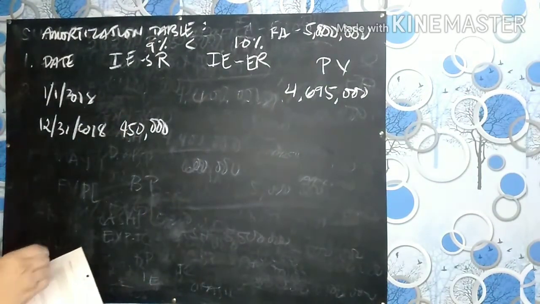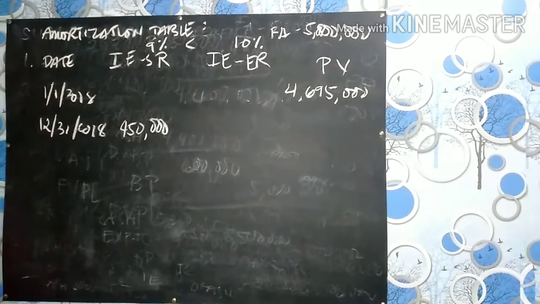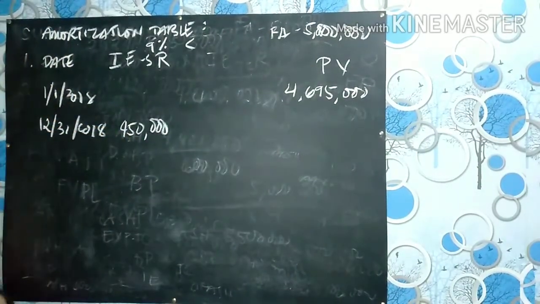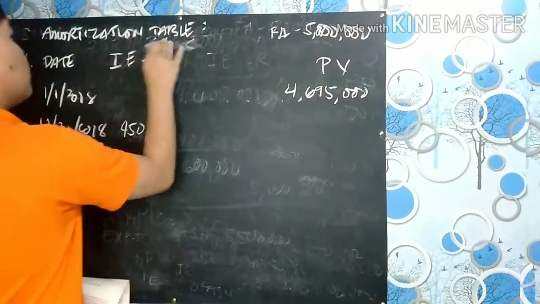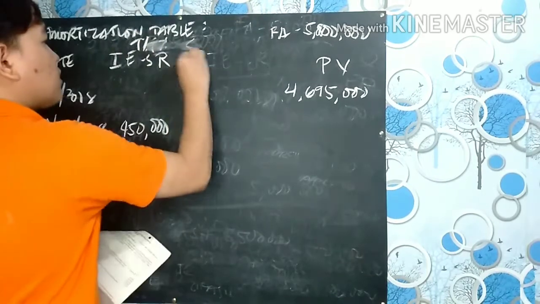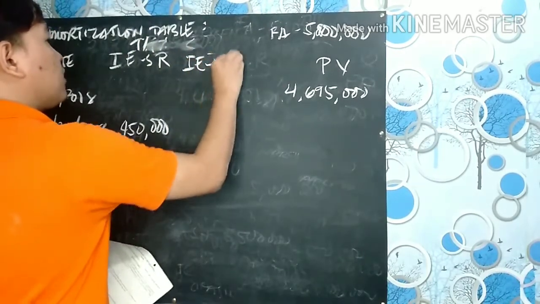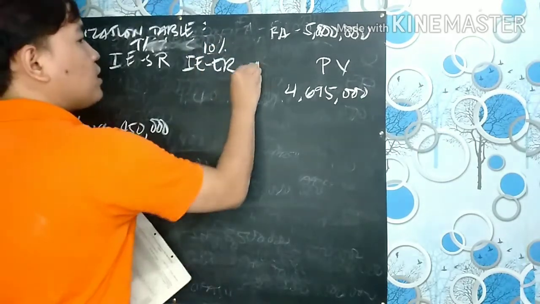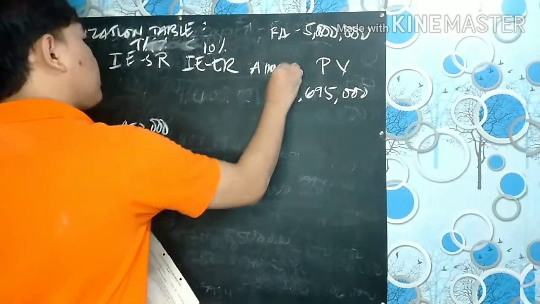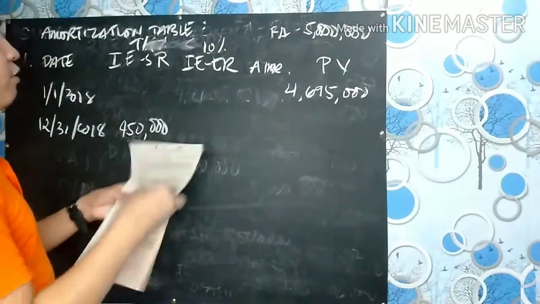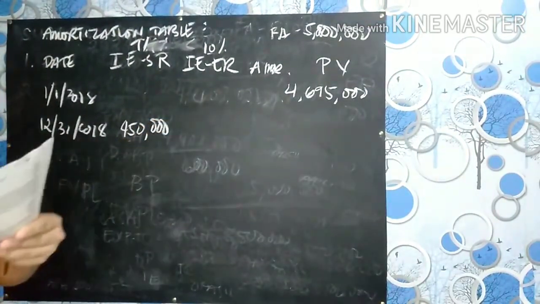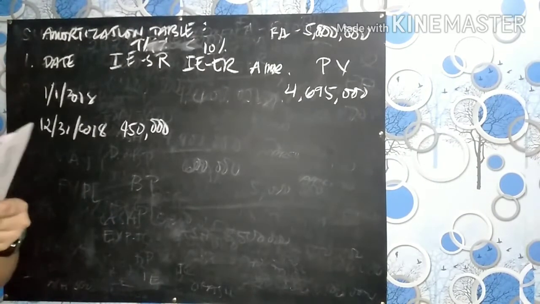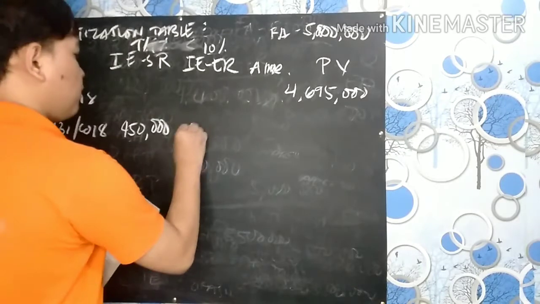Kulang tayo ng amortization. So, 9%. Interest expense, effective rate, 10%. Magkano ba yung magiging interest expense natin for the year? Ito na yung magiging sagot. 4,695,000 multiplied by 10%. The answer is 469,500.